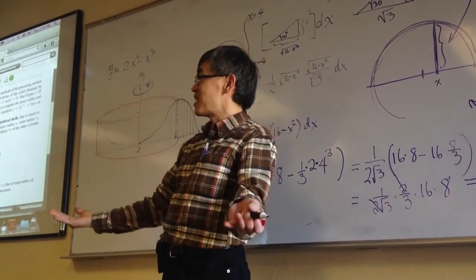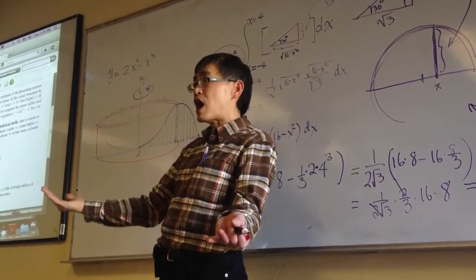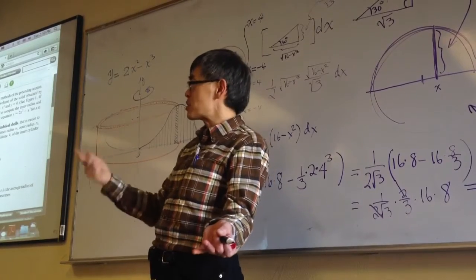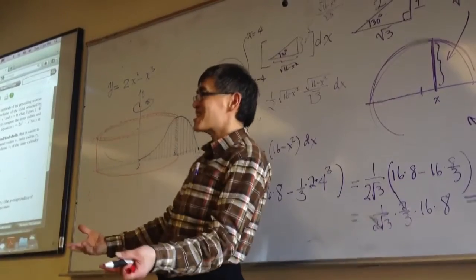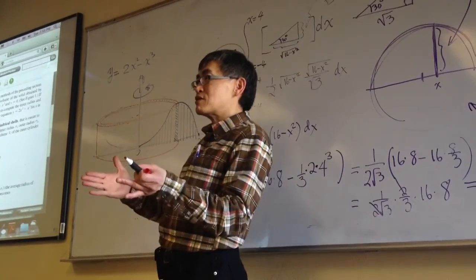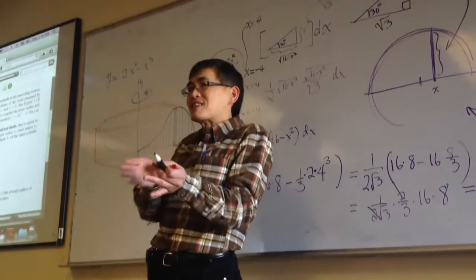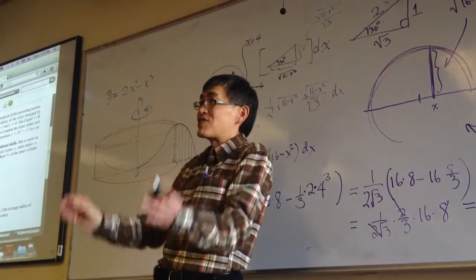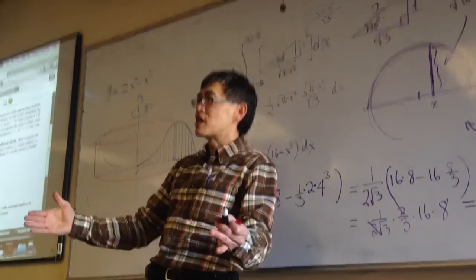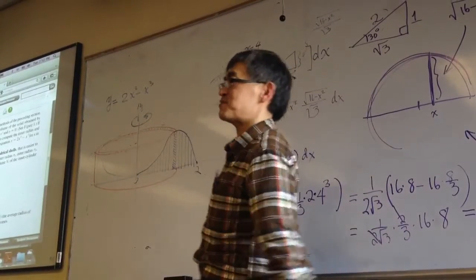Is that right? And so if I want the total volume of the material needed to build that bowl for your dog, then what I have to do is to add up all the volumes of these tiny, not tiny, but very thin cylindrical shells. So that's the game plan.